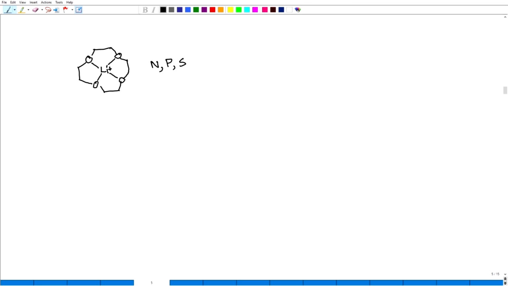But suppose instead of lithium we have sodium. Sodium is much bigger, its ionic radius is much bigger. So, the bond length from sodium ion to oxygen will be a little bit more. That means it will not fit here. Then what will happen in that case?